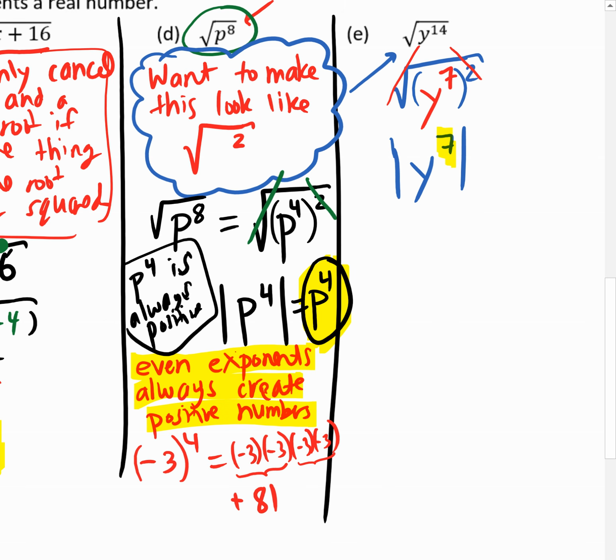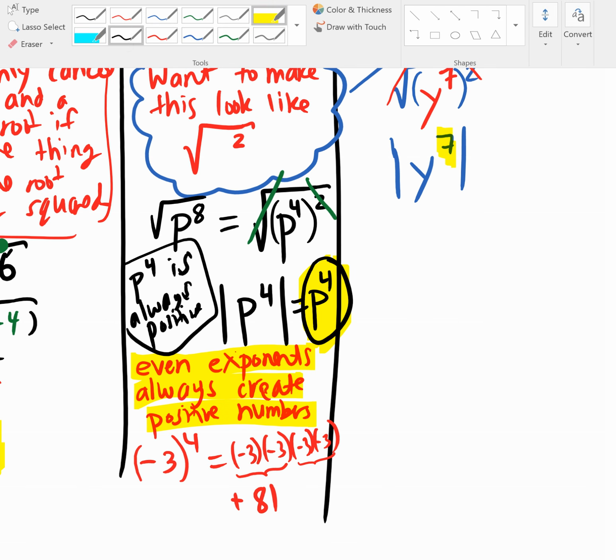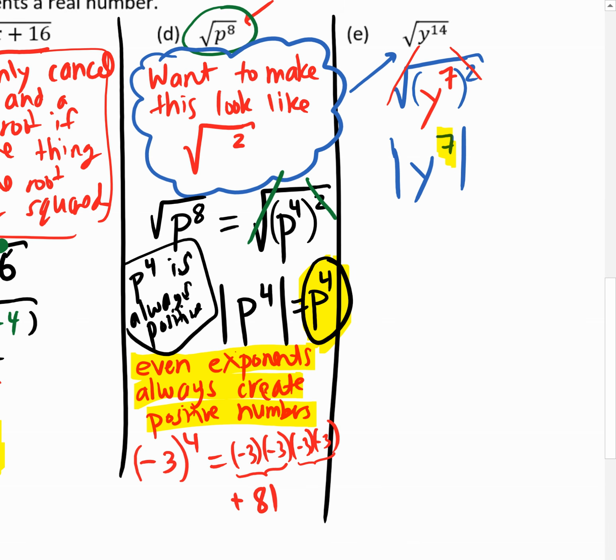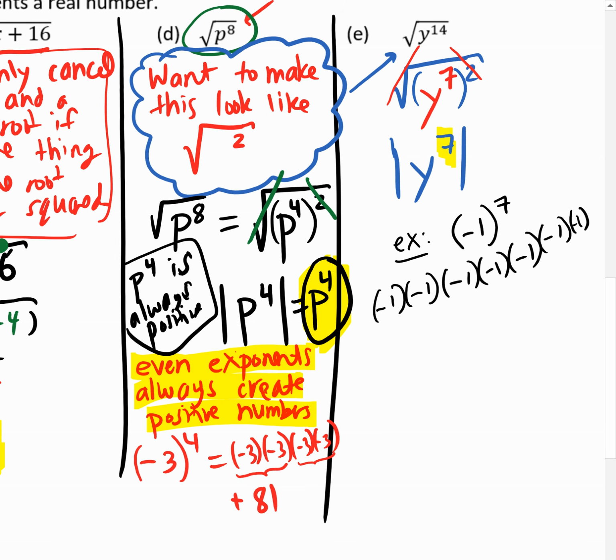But notice this is an odd exponent. Just to think about it, what if you raise a negative number to an odd power like 7? I'm going to write it out to illustrate whether we can remove absolute values or not. There's 4 of them, 5, 6, 7.